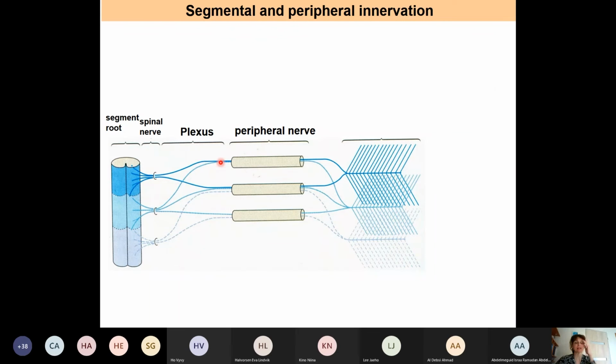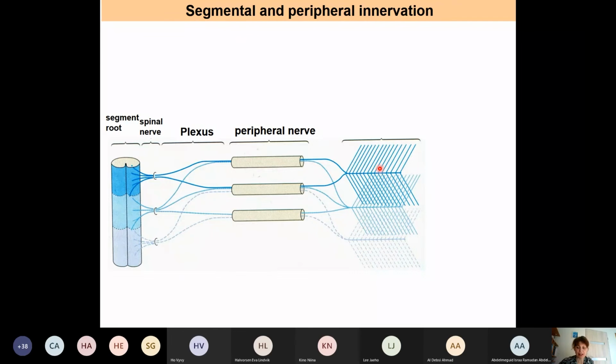And just let's compare the so-called segmental and peripheral innervation. Here you can see schematically how the segments are formed, and you can see that in the plexus we have nerves coming from more segments, and that is also in case of peripheral nerves. We can have fibers coming from different segments in a peripheral nerve.